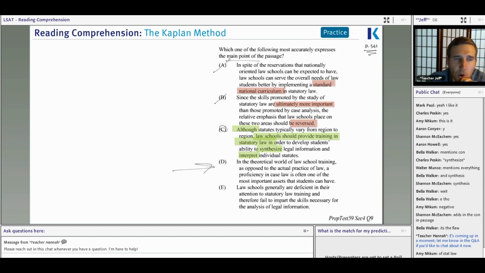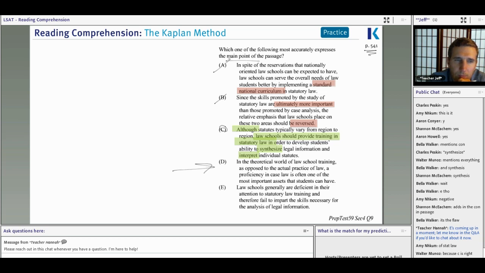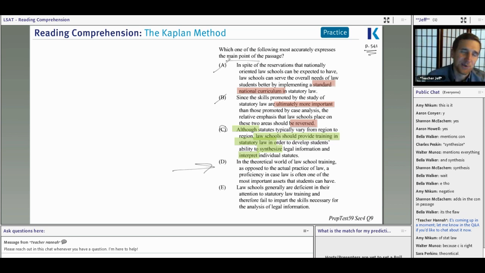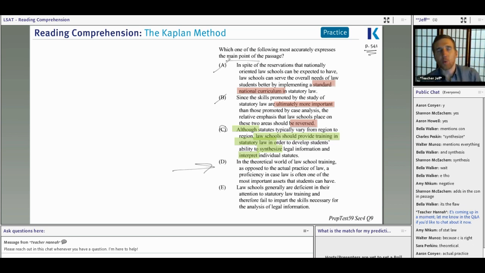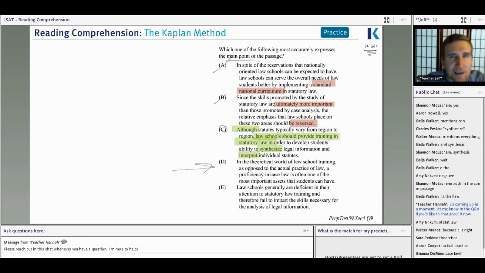Why is D wrong? Or could you really stop here? Walter, it is true that once you read C, recognize it as a match on test day. Heck, in time practice, I hope you pick and move. We're only looking at the others because this is our first question and it's class.